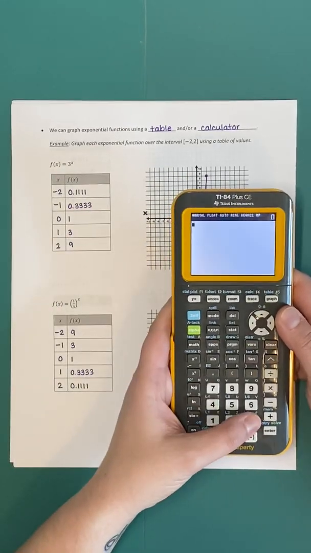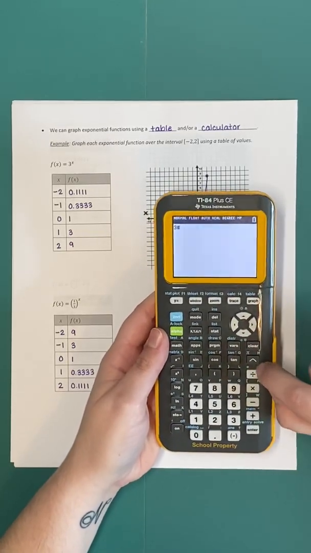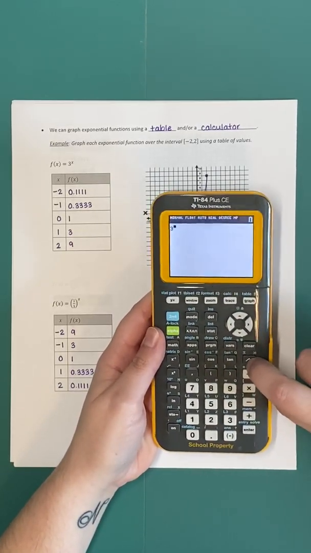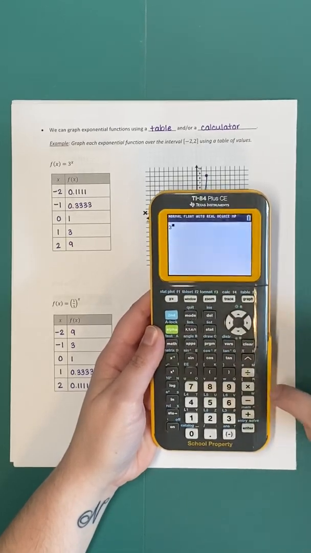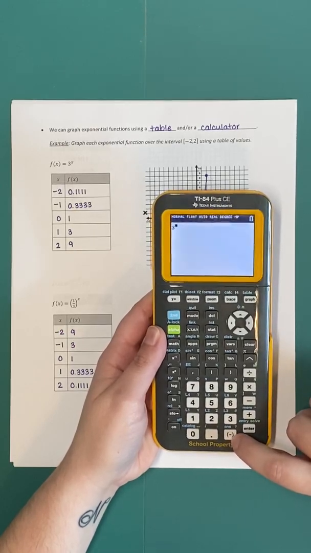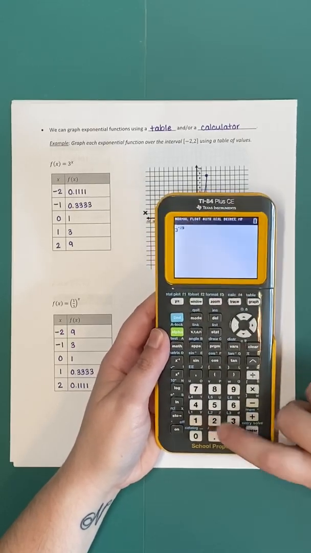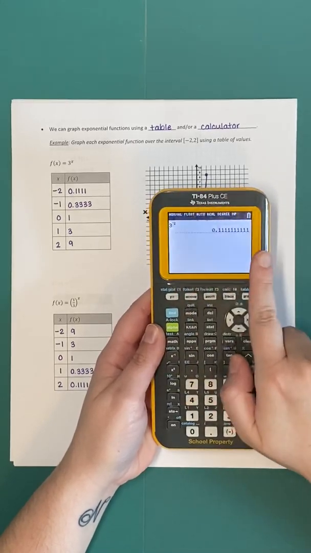So the base is 3 in this case, and we have an exponent of -2. So up arrow for exponent, and then our exponent is -2. Now be careful when you type this in. Remember, this button is subtraction. This button makes a number negative. So our exponent is -2. And then I hit enter, and that's going to be my output from that.